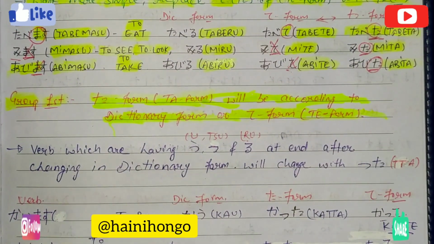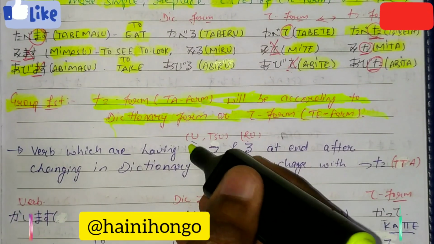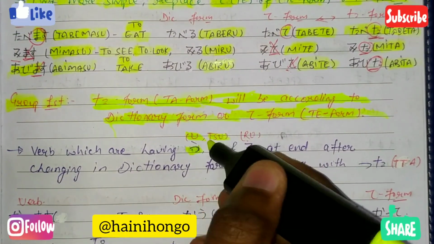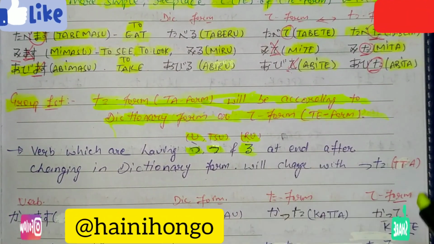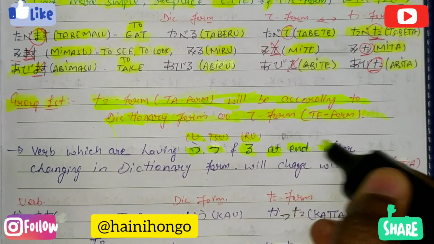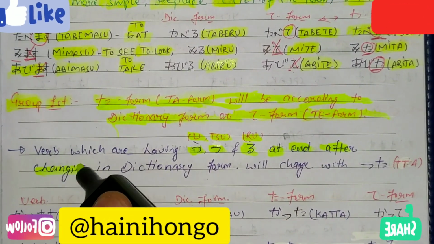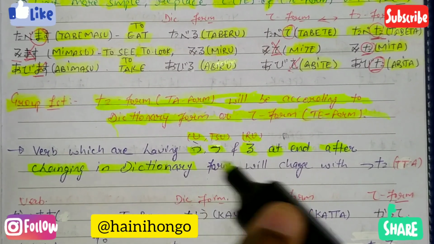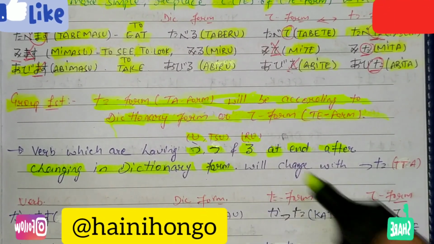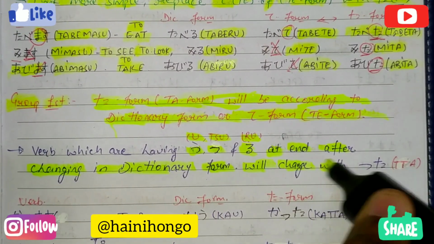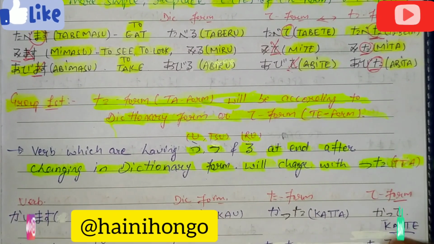Verbs which have u, tsu and ru at the end of the dictionary form will change with tta.